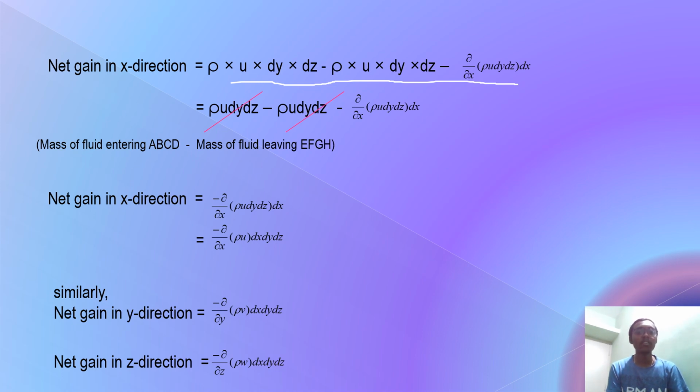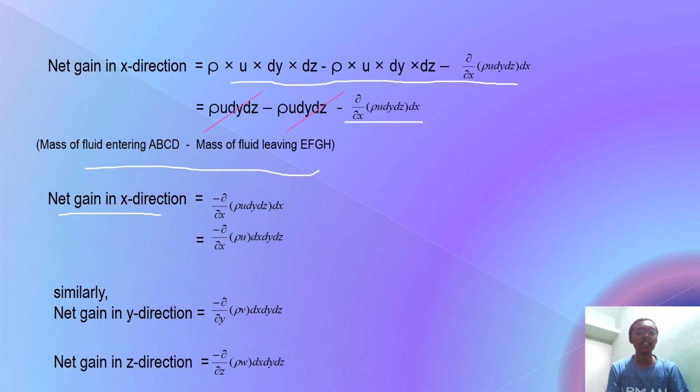Rho u dy dz minus rho u dy dz will cancel out, which means the mass of fluid entering ABCD minus mass of fluid leaving EFGH. Therefore, the net gain in x direction is minus del by del x of rho u dy dz with respect to x.